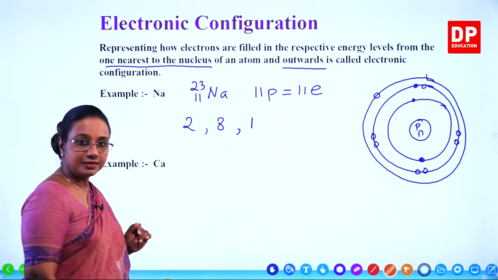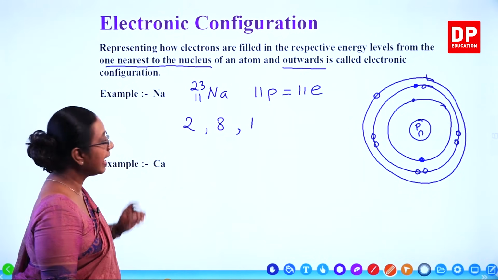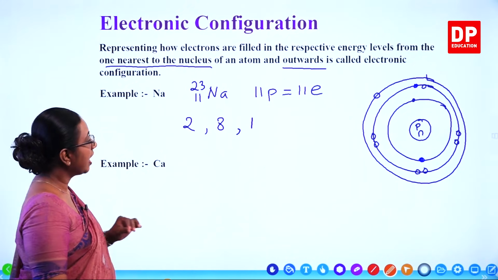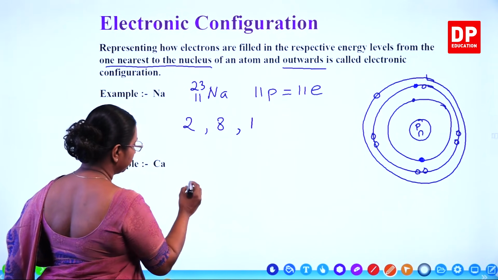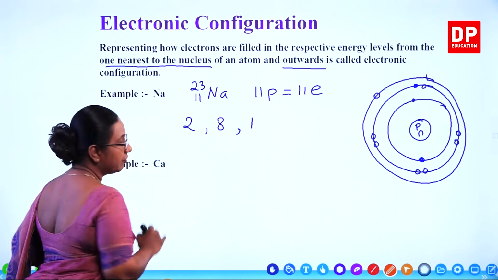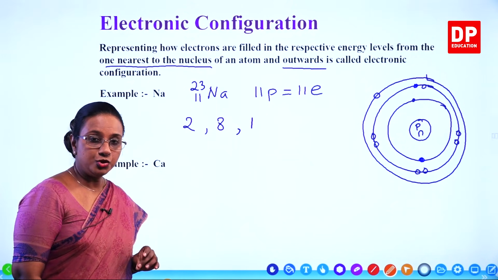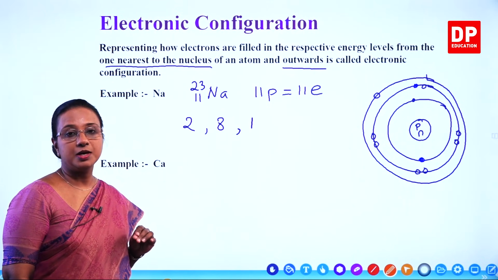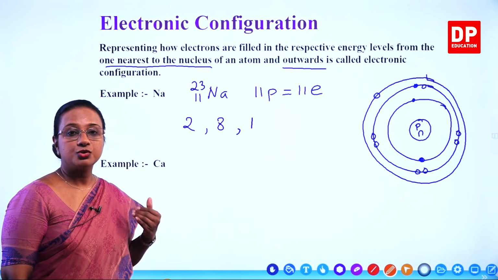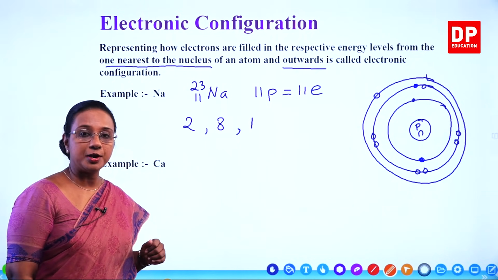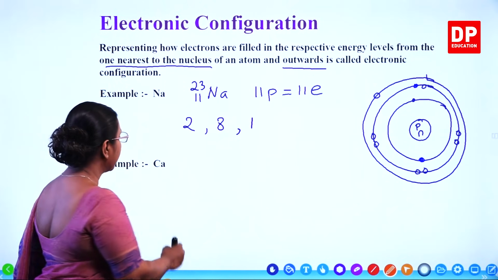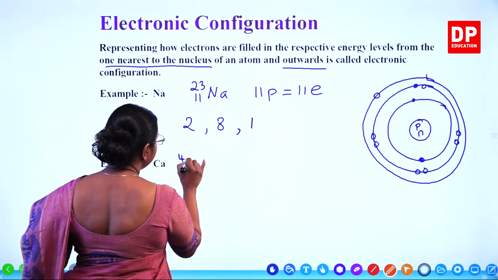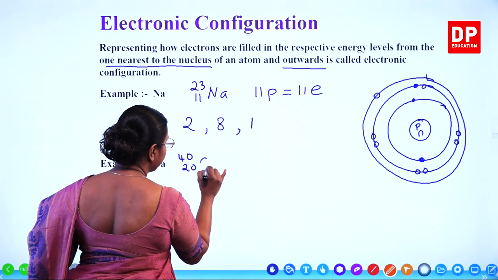We will do another example, calcium. I will draw the atom of the calcium here. Before that, we will need to know the atomic number of calcium so that we can get the number of electrons. Calcium is 40-20 calcium.